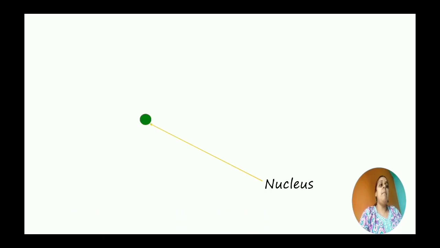As there are many orbits or energy levels around the nucleus, we can represent them by letters or numbers.